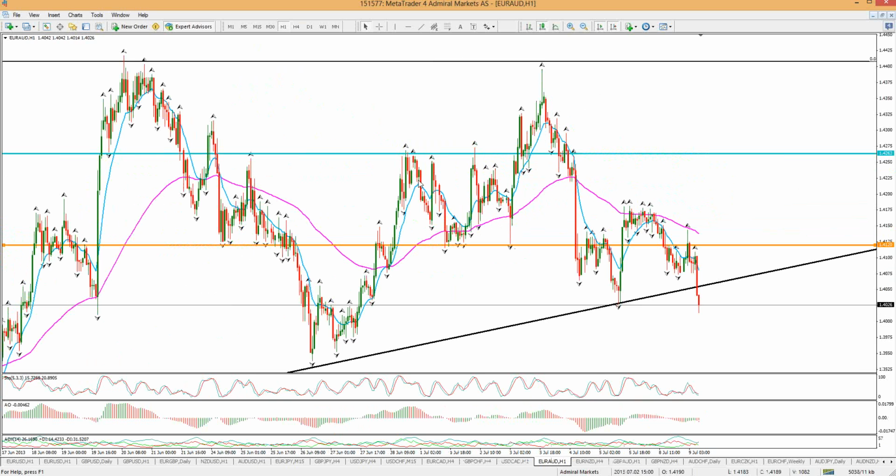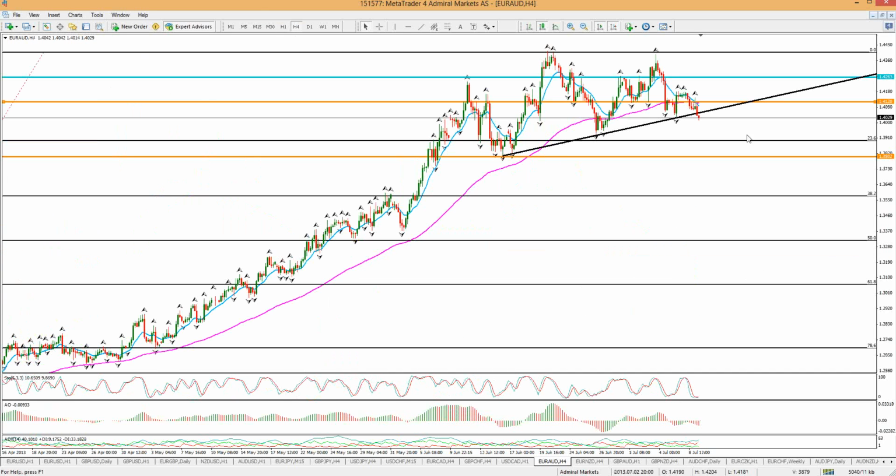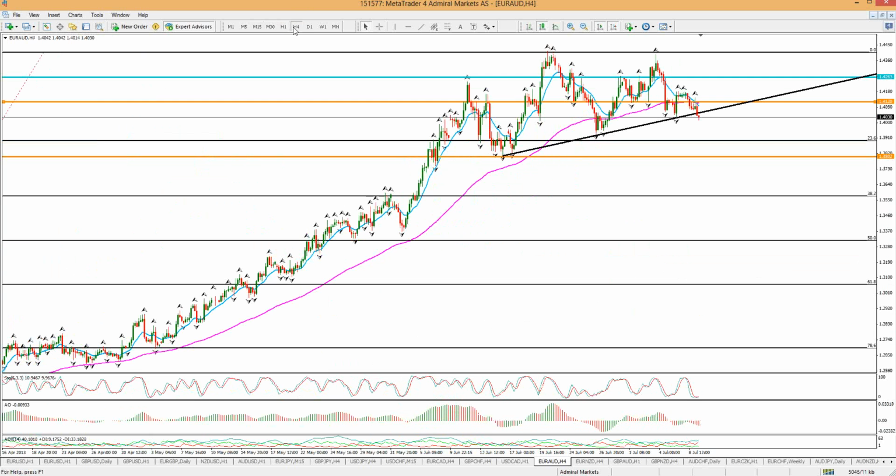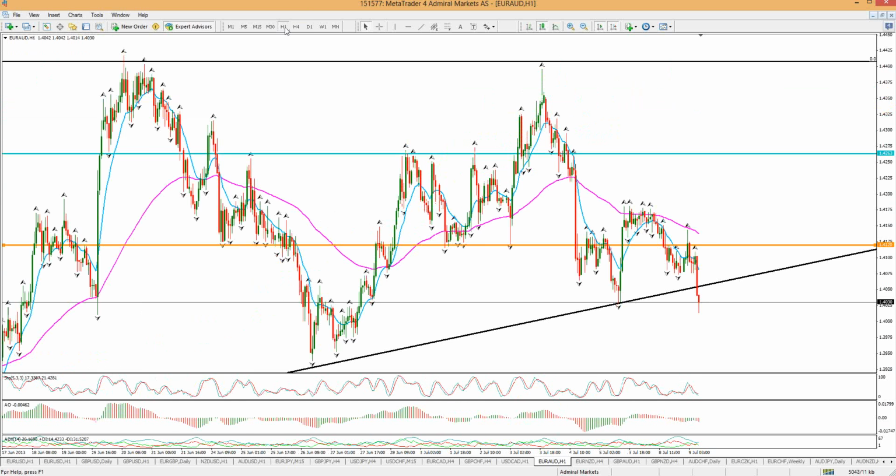Let's take a look at the Euro Aussie. Euro Aussie is right back at a trend line, a bigger trend line, but we're breaking through that actually right now. If it breaks that trend line like this and then hooks back like this, then the next one would be a great break.